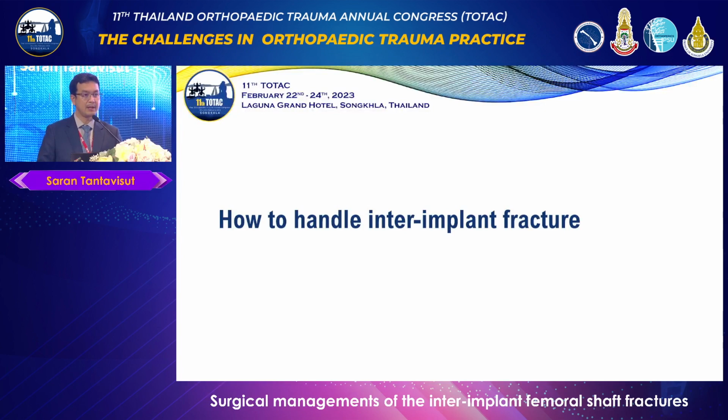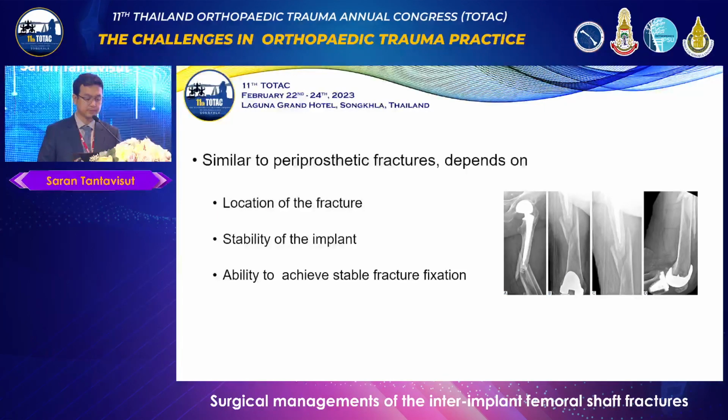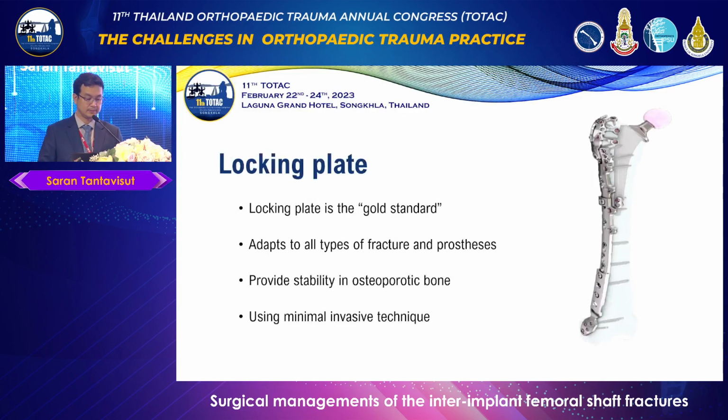And if it occurs in your hands, what should you do to handle this rare type of fracture? The principle is similar to periprosthetic fracture. It depends on the location of the fracture, the stability of the implant, and the ability to achieve stable fixation. The locking plate is the gold standard because it can be used in all types of fracture.